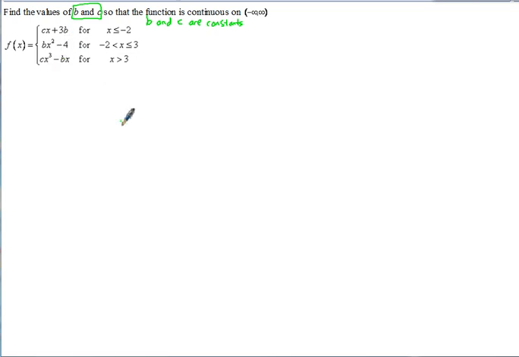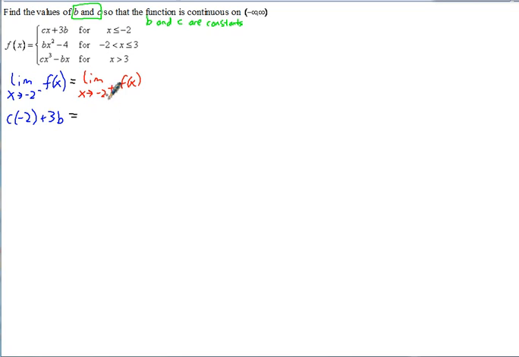So this time there's 2 breakpoints, so we have to set the same thing at -2, our first breakpoint. The limit as x approaches -2 from the left of f of x has to equal the limit as x approaches -2 from the right of f of x. So you plug in -2 from the left, that's the top piece, where x is less than -2, that'd be c times -2 plus 3b, equals -2 from the right.